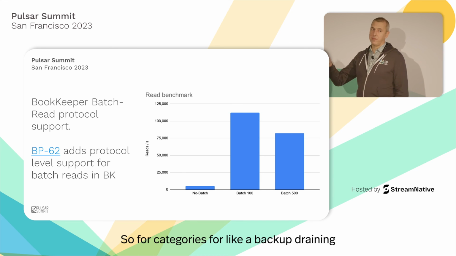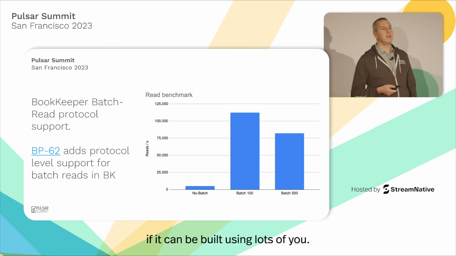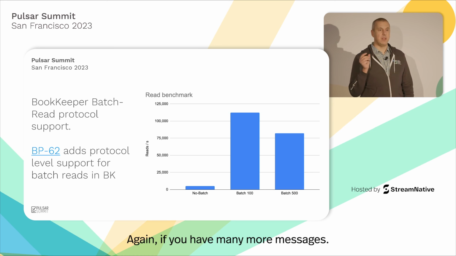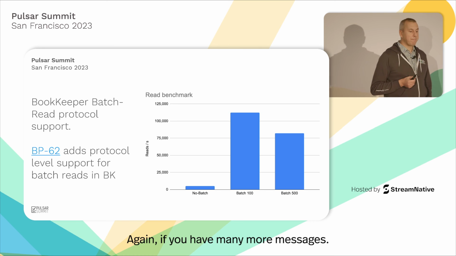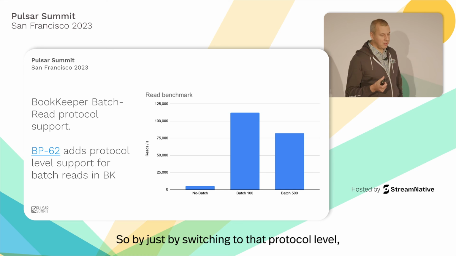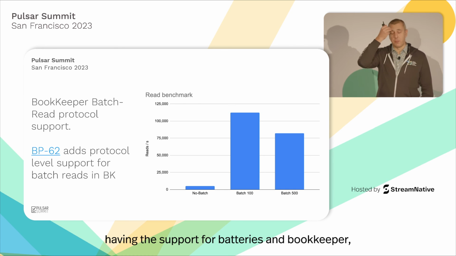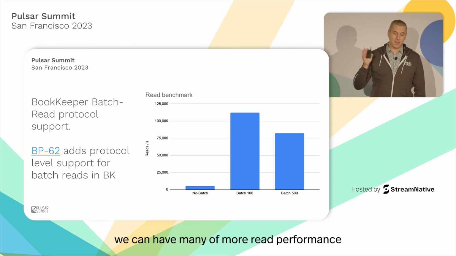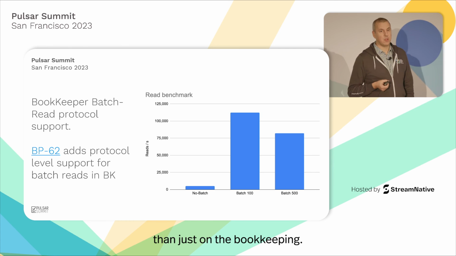So for catch-up reads, for backlog draining, it can use lots of CPU if you have many small messages. So just by switching at the protocol level, having support for batch reads in BookKeeper, we can have many X more read performance just on the Bookie.